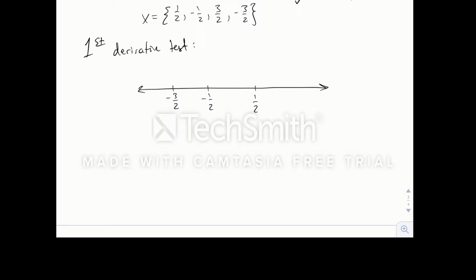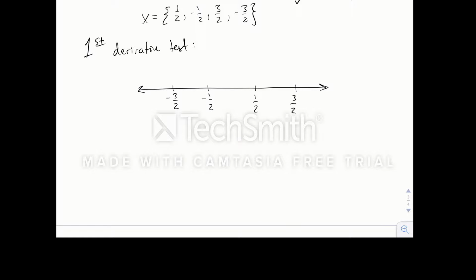There are a couple of ways to do this, so let's do them both ways, but let's start with the first derivative test. The first derivative test says that we plot our critical points. So we have -3/2, -1/2, 1/2, and 3/2.